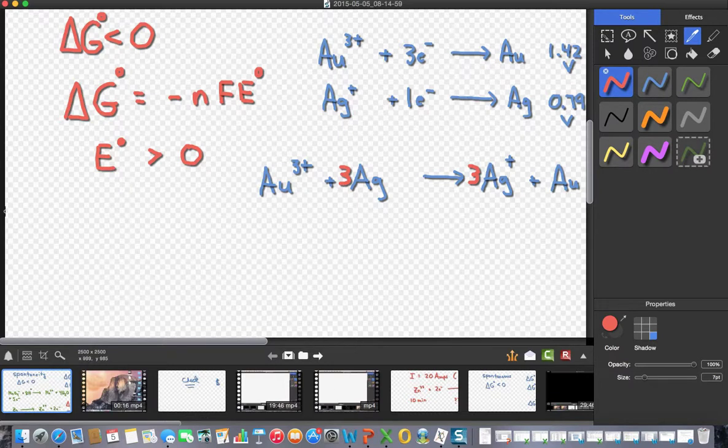Or the reverse reaction is a possibility, where we have 3 Ag plus Au, which yields Au 3 plus 3 Ag.